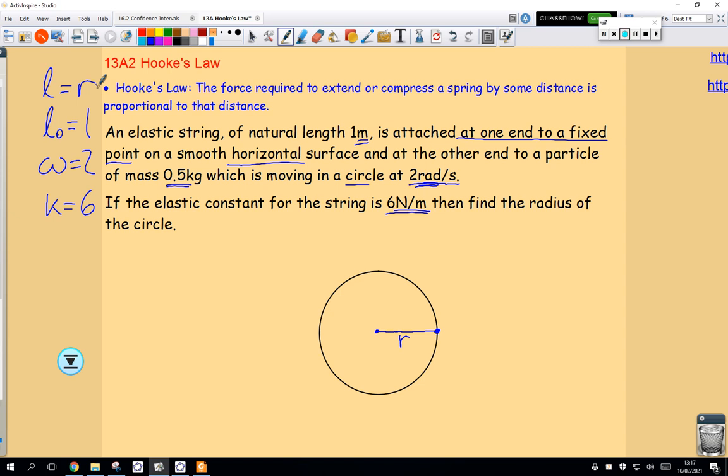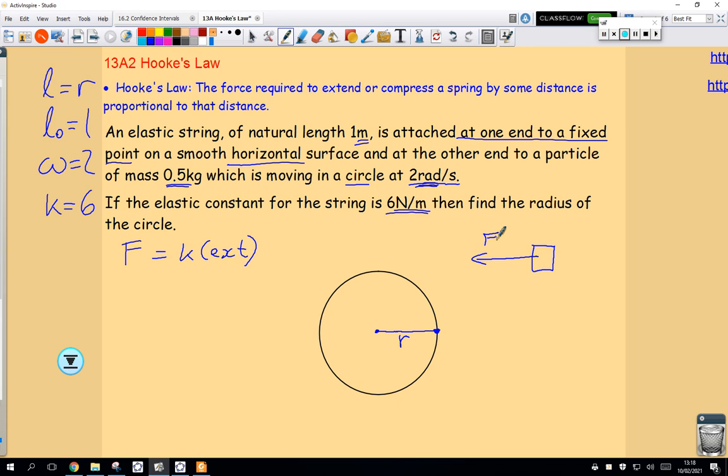Okay, so we're going to tie in a couple of things. Remember, Hooke's law says that the force on an object by the string is equal to K times the extension. So we take this object over here, take a snapshot of it, look at a force diagram. At the moment, there is a centripetal force acting on it.